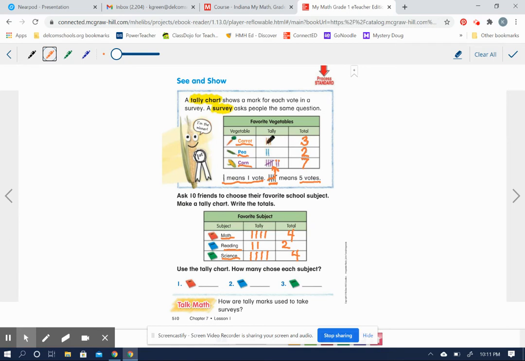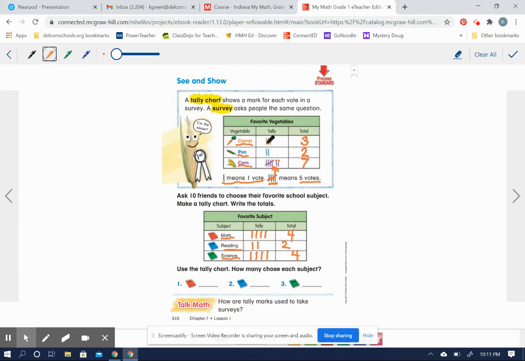Once you get some information like this from asking the survey question, then you can organize some thoughts and get some information from it. So this says use the tally chart and then it says how many chose each subject. How many people chose the red would be math.